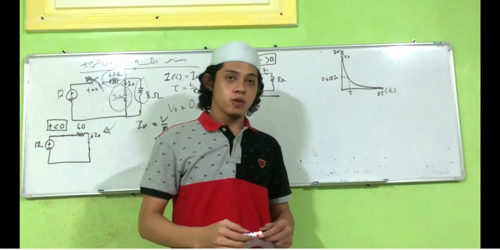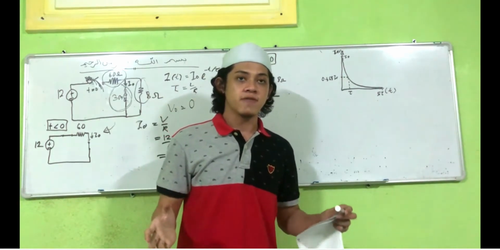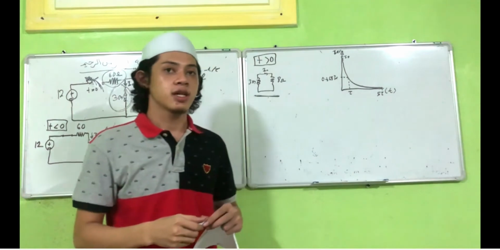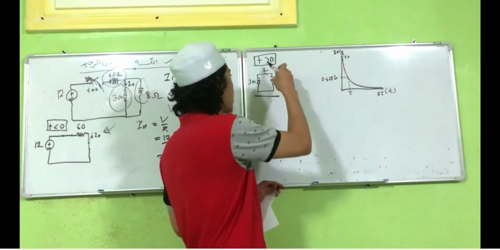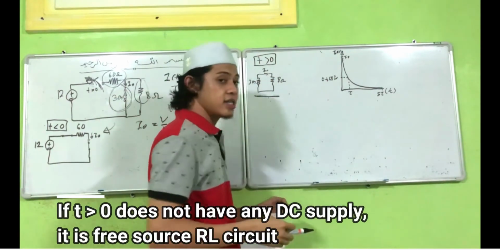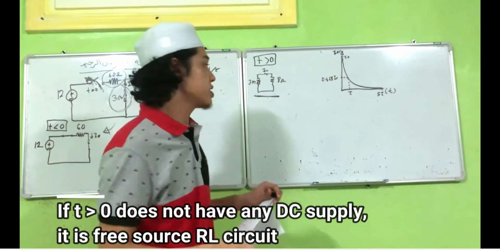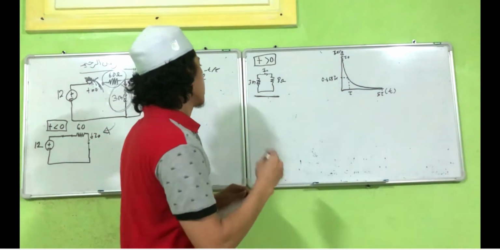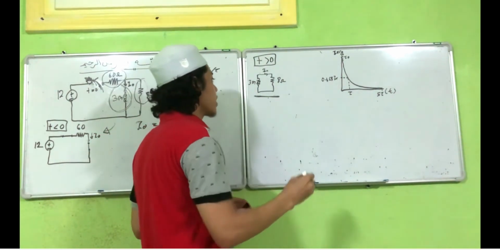To understand this circuit, either free source or step response, we just look at the circuit at t after 0. If t after 0 does not have any DC supply, we can conclude that this is a free source RL circuit. So we have to find the tau.